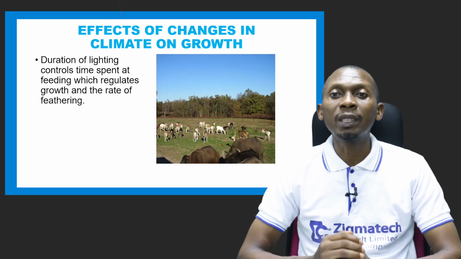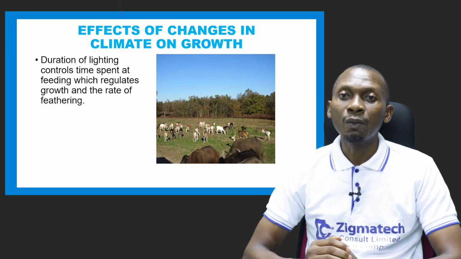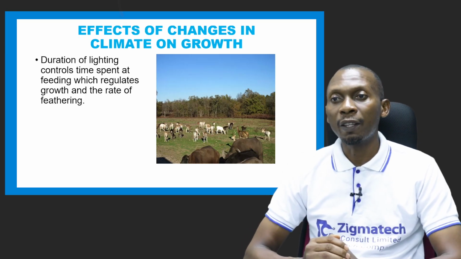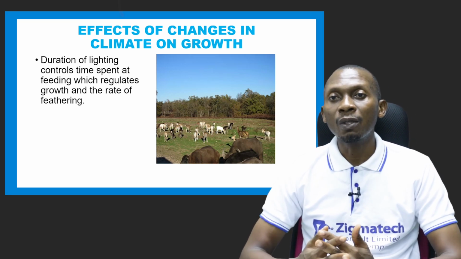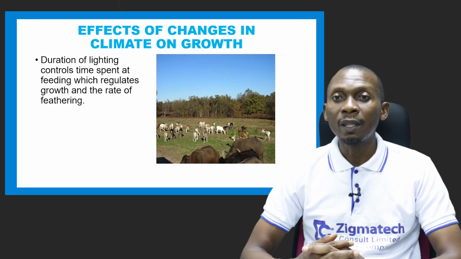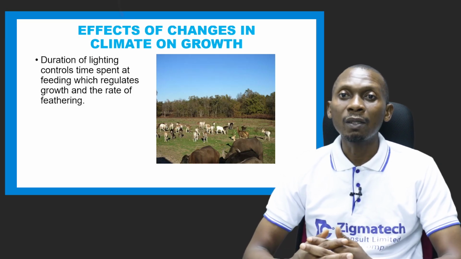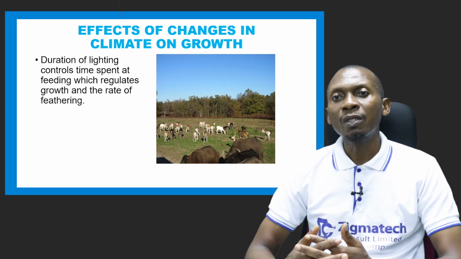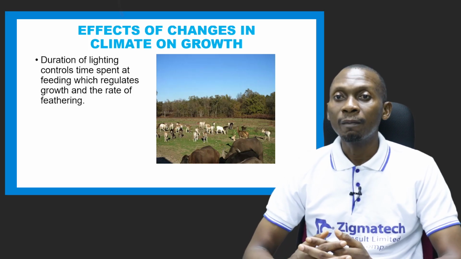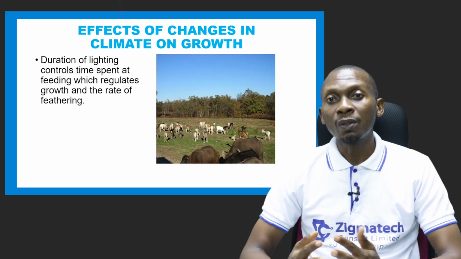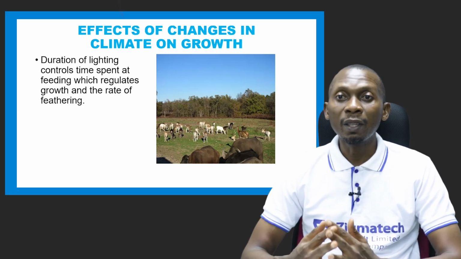Duration of light controls time spent at feeding, which regulates growth and the rate of feathering. When animals do not experience enough light in their pens or farmhouses, this could reduce the time they spend feeding. Birds roost, thus they go to sleep early.